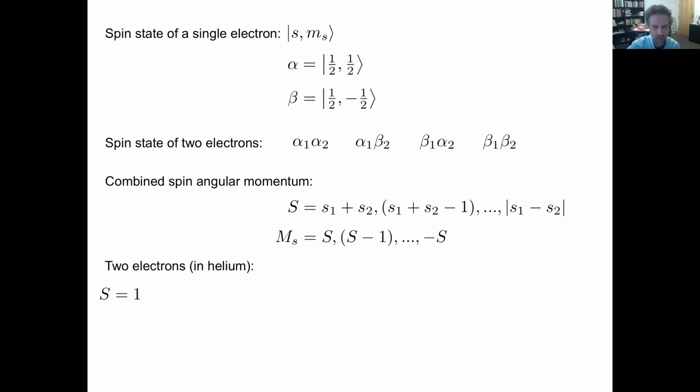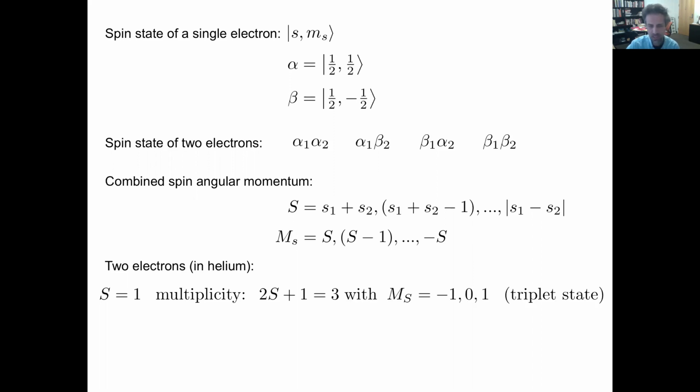The first combination is capital S equals 1, where the two halves add up. The spin multiplicity, defined as 2S plus 1, gives me a value of 3. What does the 3 mean? It means you have 3 projections, because MS, the projection of the total spin angular momentum, has 3 values: minus 1, 0, and 1. And this is what we call a triplet state.